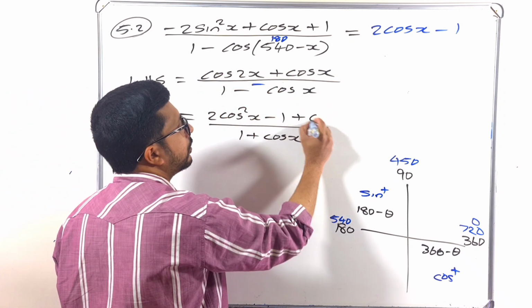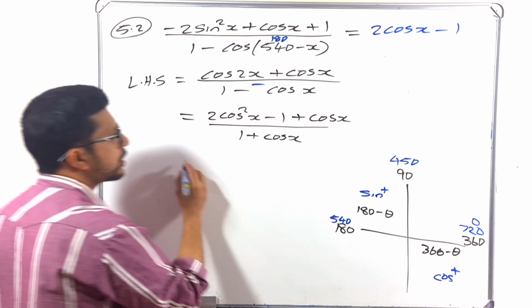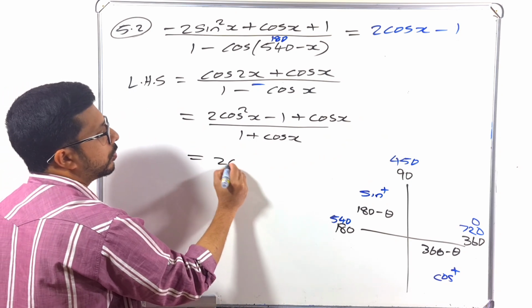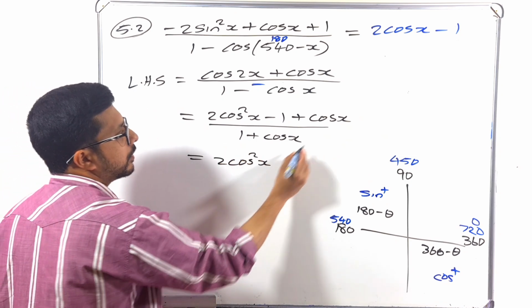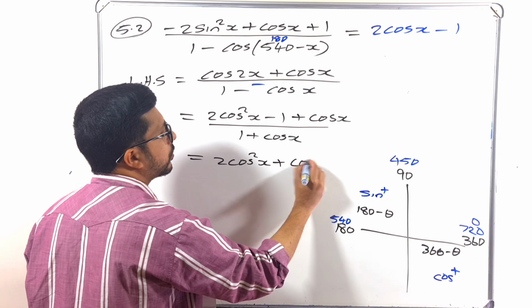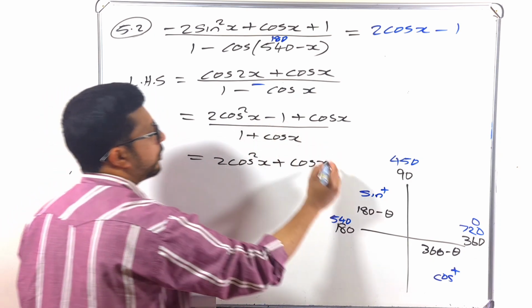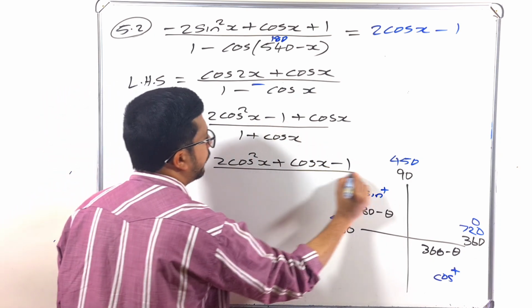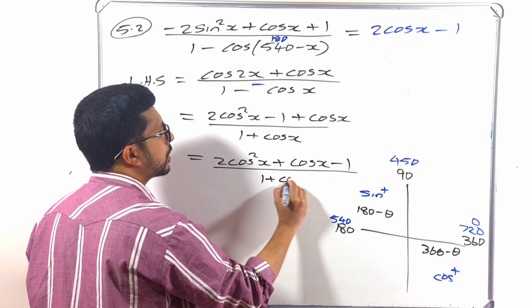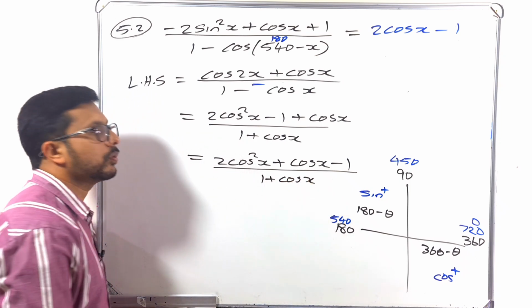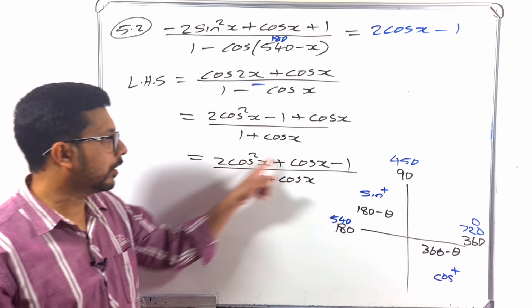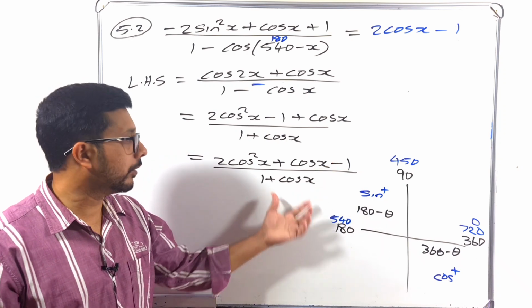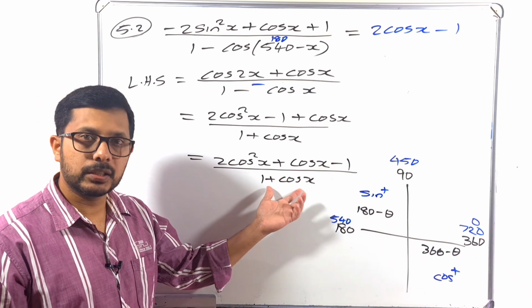Then plus cos x. So just write it in order: 2 cos square x plus cos x minus 1, the whole divided by 1 plus cos x. If we factorize this one, if the question is correct, definitely one factor is this 1 plus cos x.